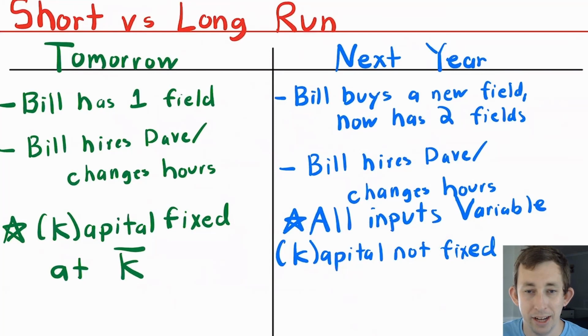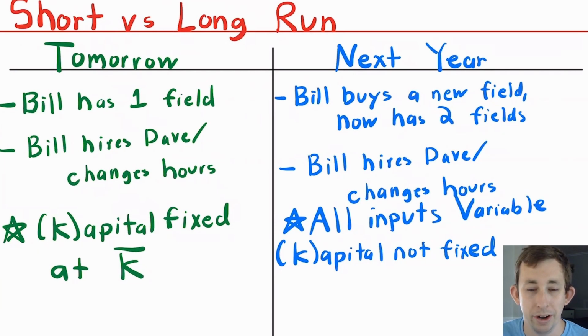Now I talked about the fact that in the next video we're going to talk about short run cost functions, but for this video I'm going to talk briefly about the difference between the short run and the long run. So the short run is sort of like tomorrow or this week or even like next week. Whereas the long run is like next year or 2 years or 5 years from now. The big difference between the short and the long run is that in the long run, Bill can change how much capital he has. So for example, maybe he can buy another field, maybe he can build a barn, maybe he can buy a tractor.